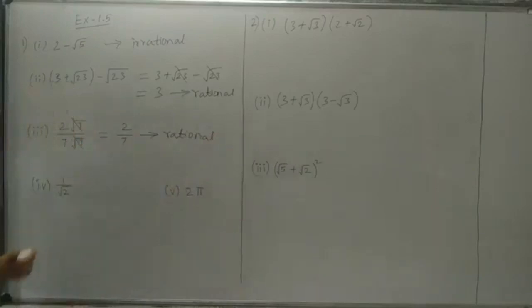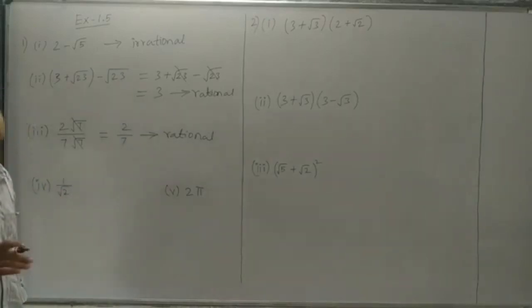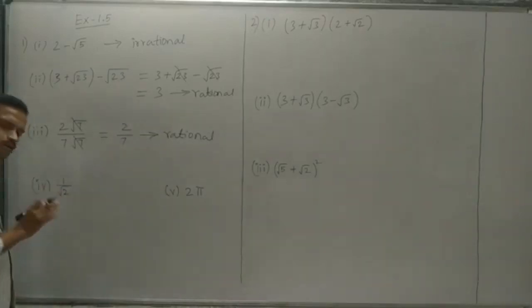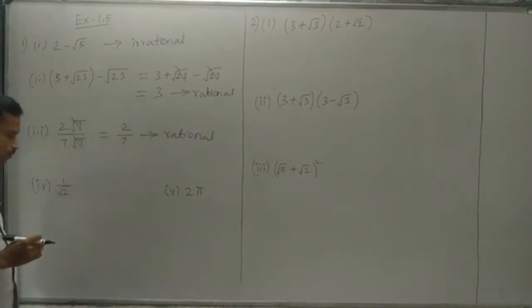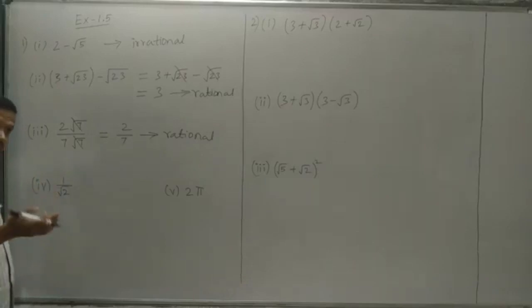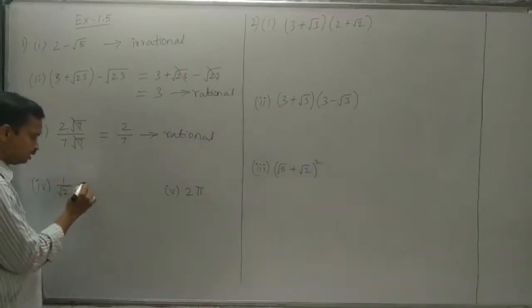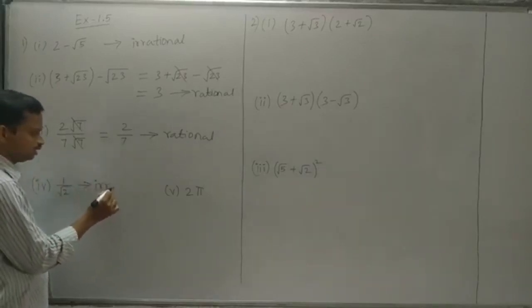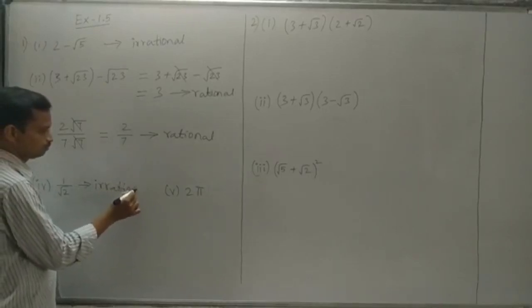And now coming to option 4, 1 by square root of 2. You know this denominator root 2 is irrational, but numerator 1 is rational. But if you divide 1 by an irrational number, definitely we get an irrational number.